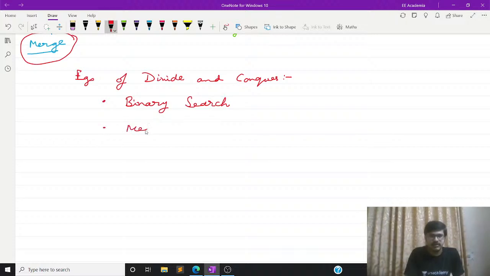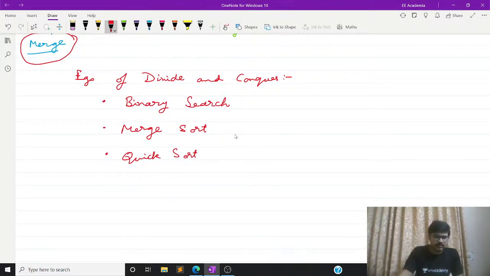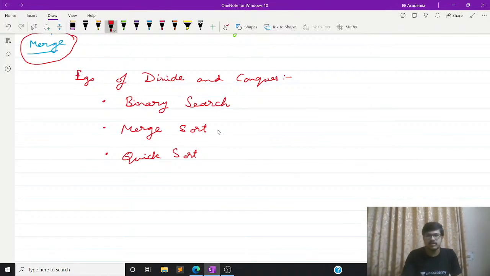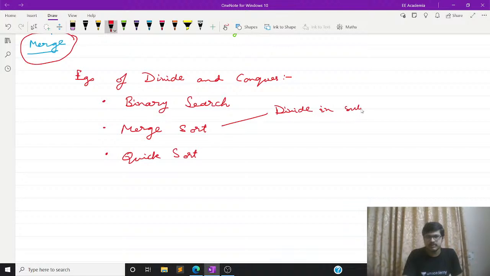Another example which most of you know is merge sort. Merge sort is also a divide and conquer technique, and another example would be quick sort. What happens in merge sort is the first step would be dividing into subproblems of size n by 2.